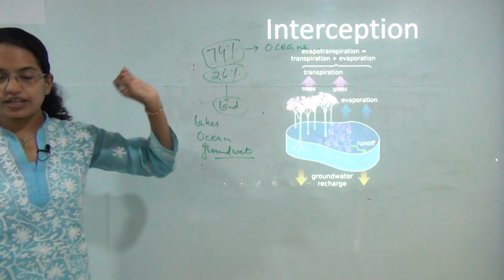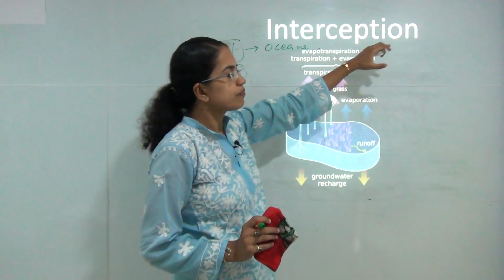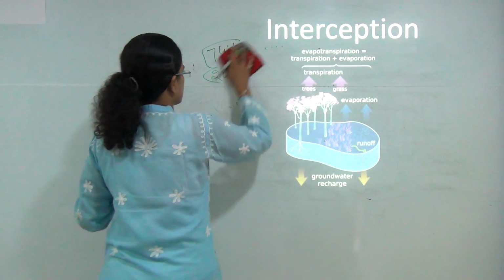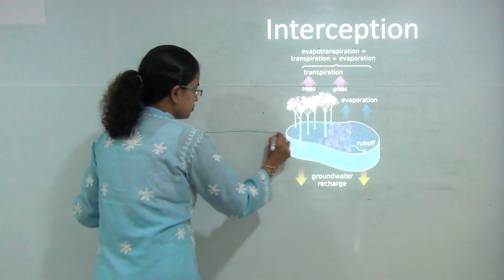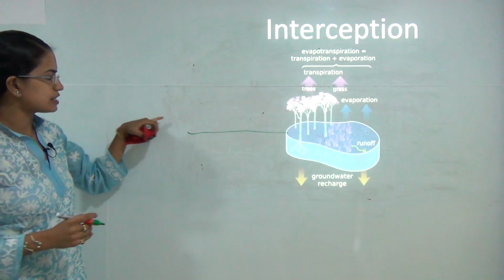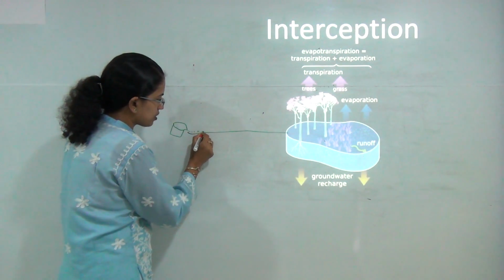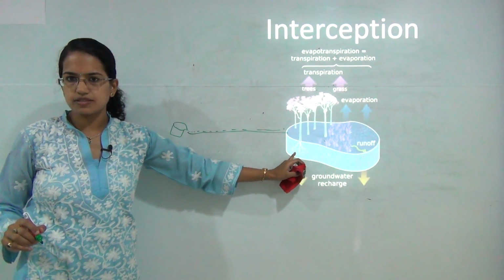Now this is a very interesting topic that most students miss out in the hydrological cycle, that is interception. What is actually interception? Consider there is a smooth surface. What would happen if I start pouring water from here? If I have a bucket and I start pouring water, it will roll till the end of the surface.